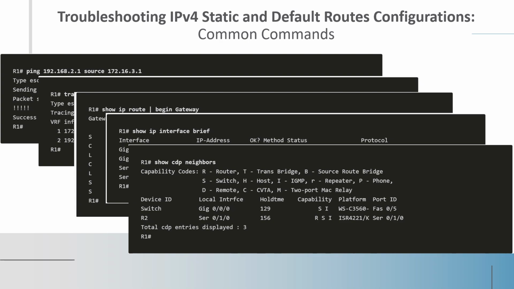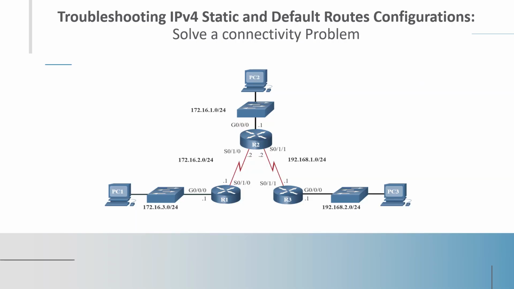Finding a missing or misconfigured route is a relatively straightforward process if the right tools are used in a methodical manner. For instance, let's use this network, where a user at PC1 reports that he cannot access resources on the router 3 LAN network.